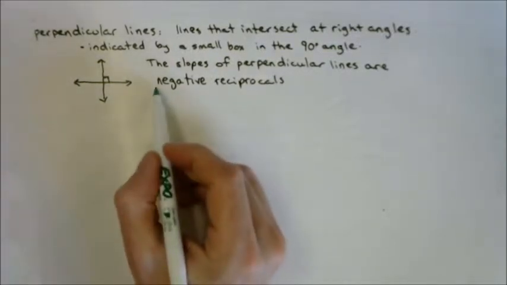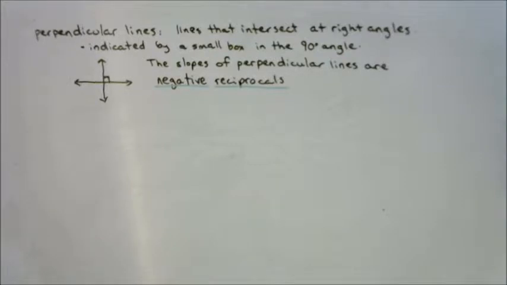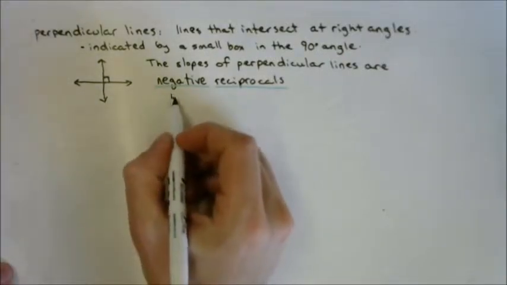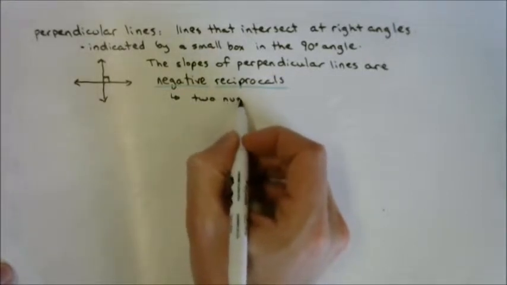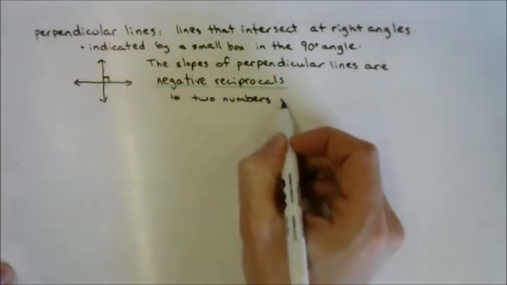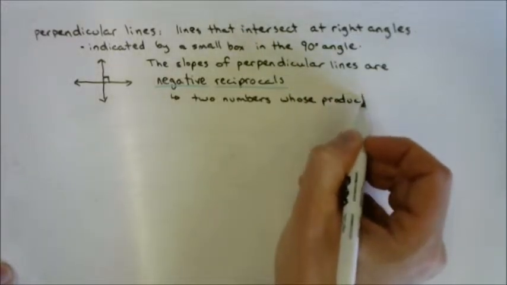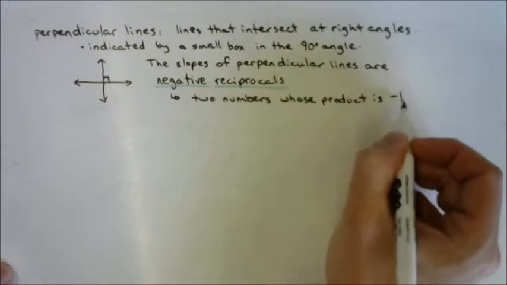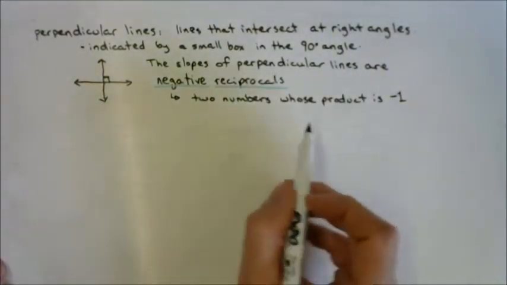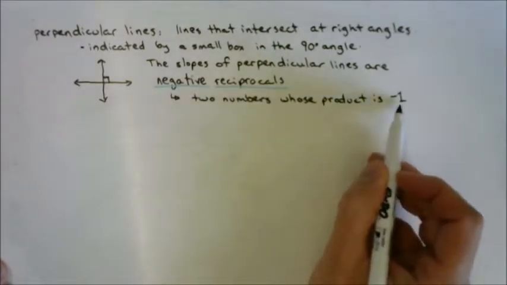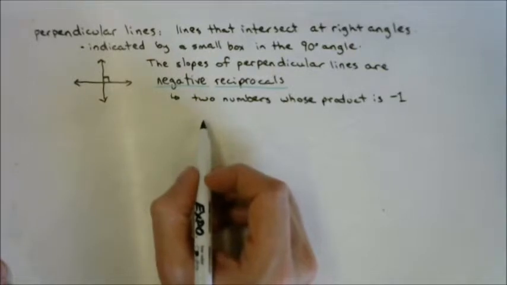And go ahead and underline that word. And I'm going to write what that means. These are two numbers whose product is -1. So that means that they are two numbers that when you multiply them together, you get the result of -1. Okay? So the slopes, we're talking about slopes here.